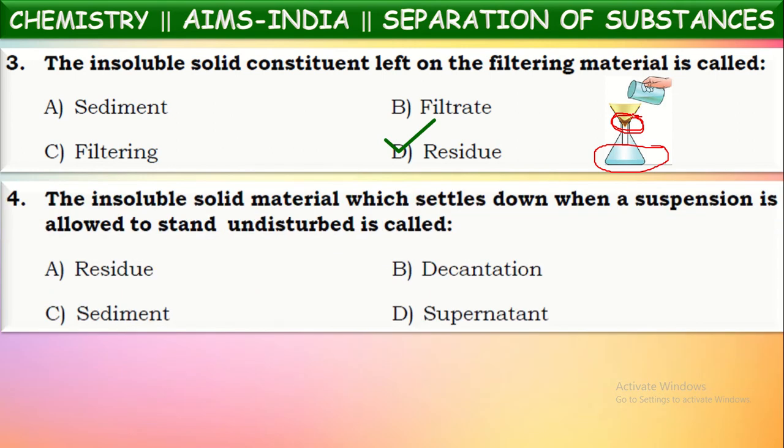The insoluble solid material which settles down when a suspension is allowed to stand undisturbed is called. Yes, instead of pouring through a filtering material, if the mixture is allowed to stand for a certain time, then the insoluble solid material slowly settles at the bottom of the container. That settling down of the solid material at the bottom is called.